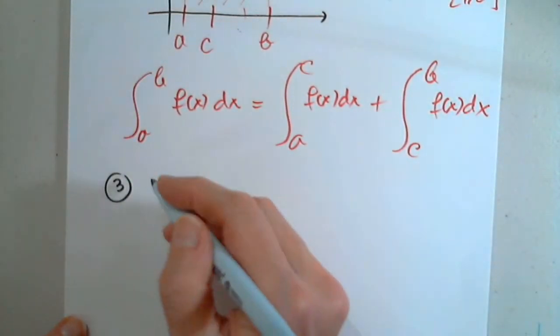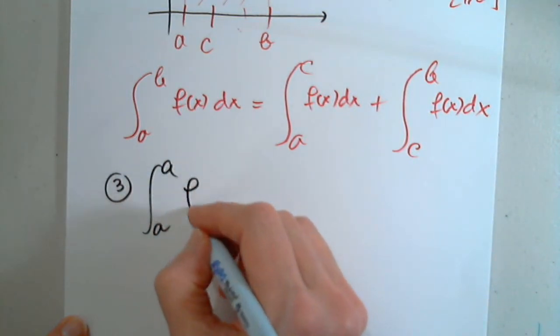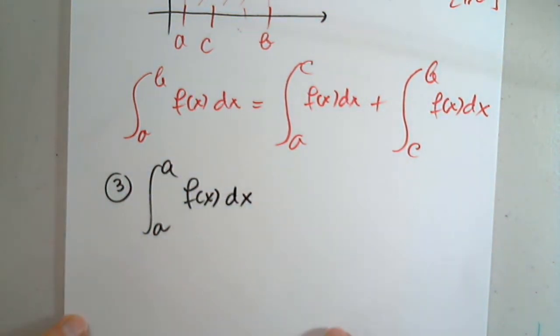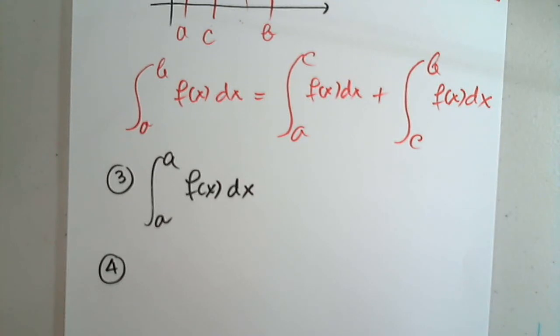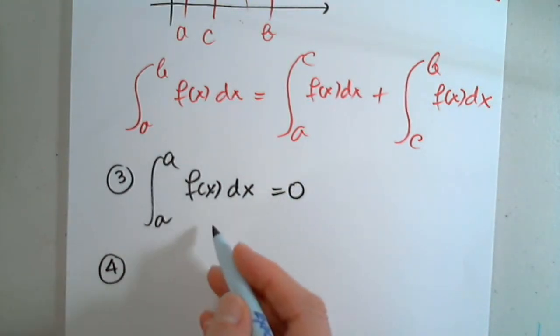Okay, so the integral from a to a from f of x dx. What do you think this equals to? A wild guess. Be 0? Of course, there is no interval.